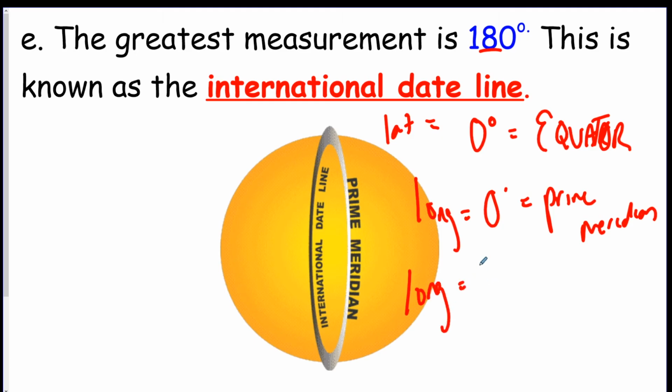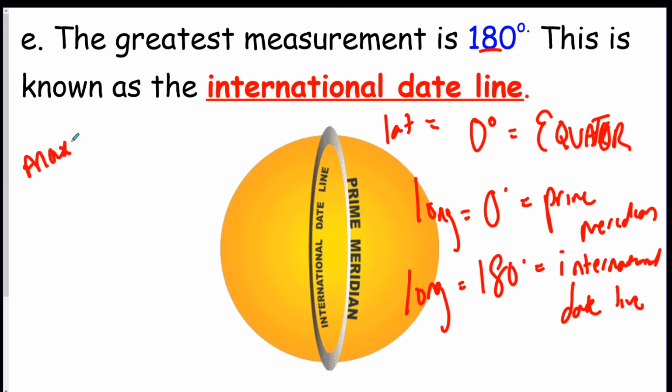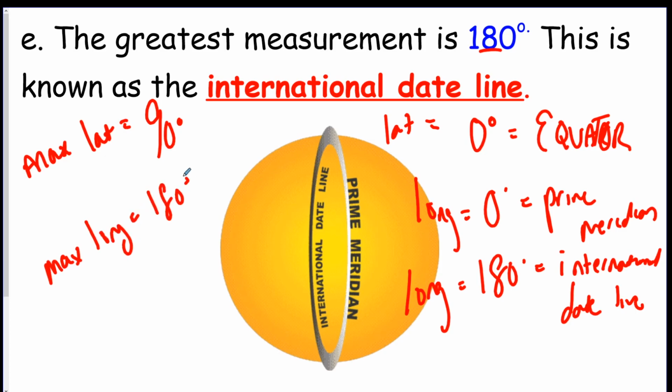Longitude 180 degrees equals the international dateline. What's the maximum latitude you can have? That's 90 degrees. The maximum longitude you can have is 180 degrees. So there's a little cheat sheet.